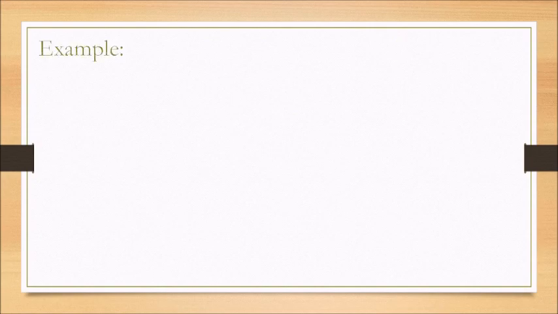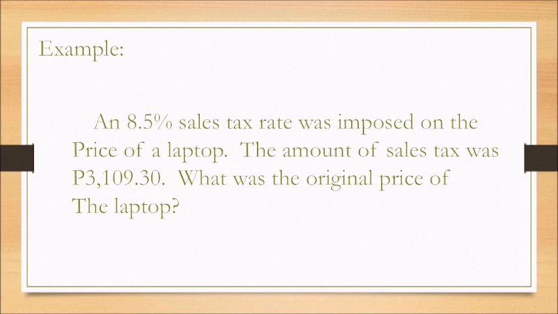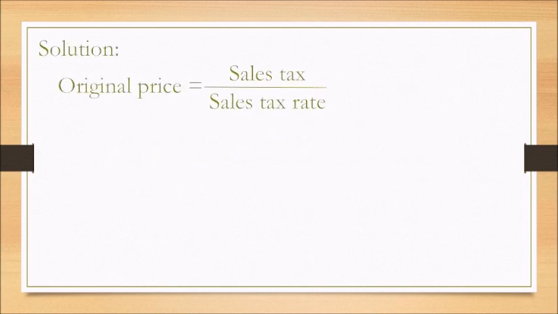Okay, another example. An 8.5% sales tax rate was imposed on the price of a laptop. The amount of sales tax was 3,109 and 30 cents. What was the original price of the laptop? Solution.